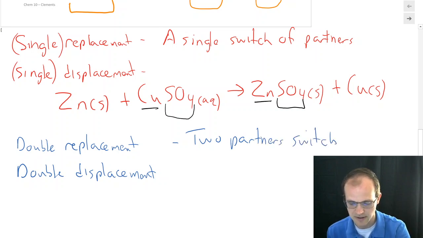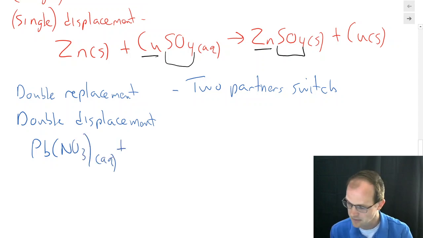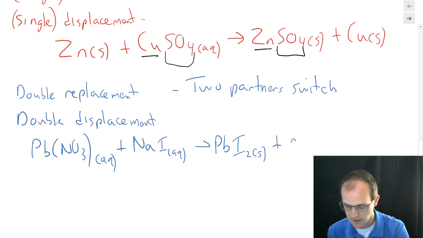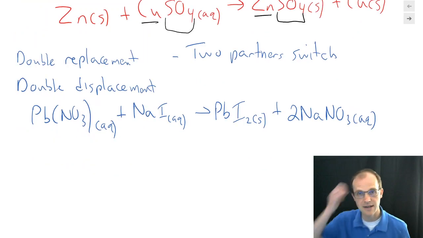This is what I think of like the country line dancing, country square dancing. Double replacement reaction. We've got lead(II) nitrate, aqueous, plus sodium iodide, aqueous, forming lead(II) iodide solid plus sodium nitrate aqueous, and it looks something like that.